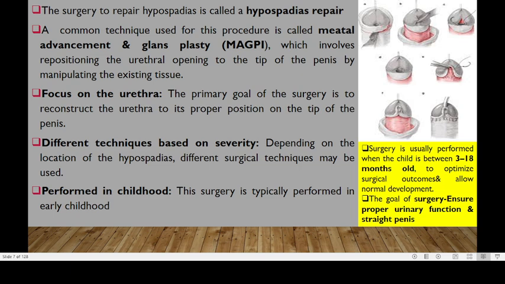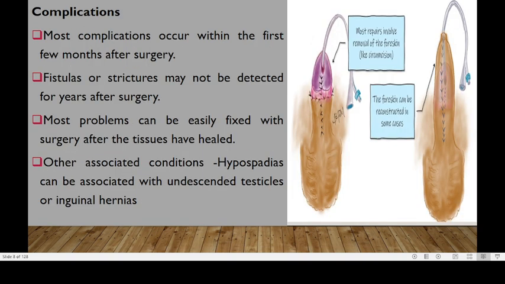As you perform the surgery, the goal is to ensure proper urination, proper urinary function, and now you have a straight penis rather than a curved one. Although in some quarters we have had people preferring curved, we have had such talks, but we have to know as nurses that curvature is more associated with hypospadias.